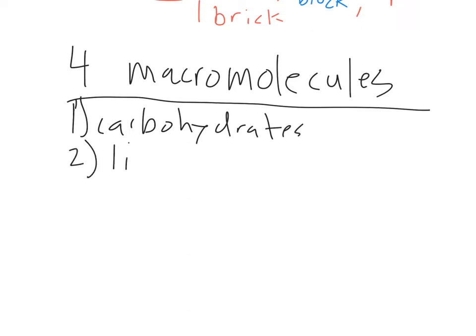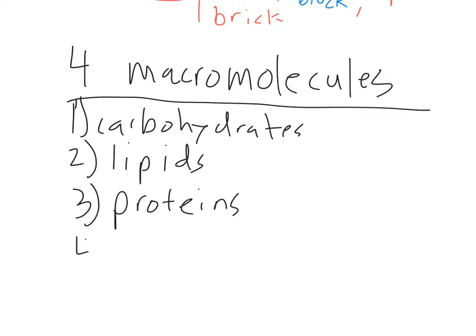Second one, which is tomorrow, will be lipids, proteins, and then nucleic acids. Okay, so those are the 4 categories of macromolecules that we're going to have to go over. So all of them are basically related in the fact that you've got the polymer-monomer relationship going on.